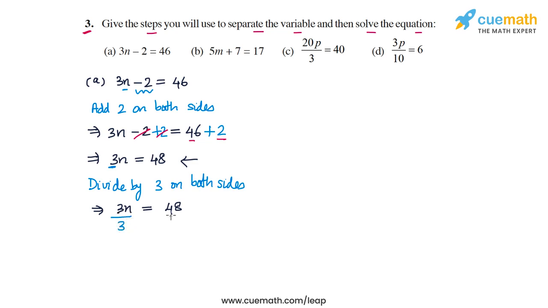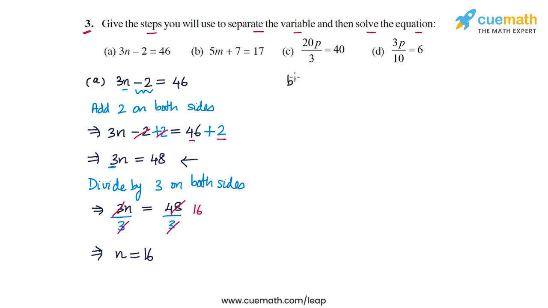So we get 3n by 3 and 48 by 3 on the RHS. So the 3's on the LHS cancel out and 48 by 3 is 16. So this gives us n is equal to 16. So the solution for the first equation is n is equal to 16.